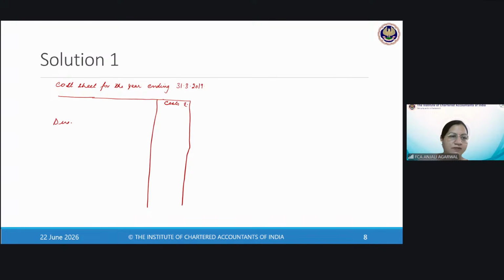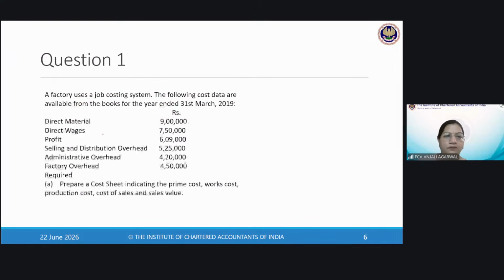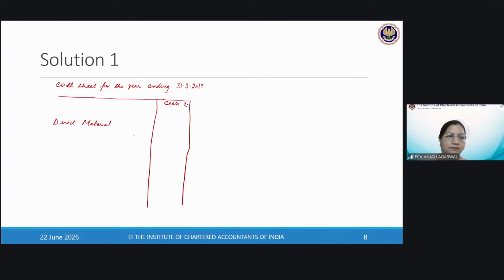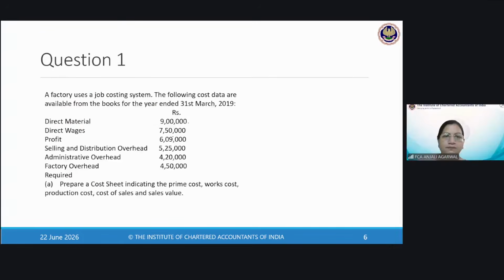Your first expense is direct material, 9 lakhs. Then you have direct wages, 7,50,000. Profit is given.